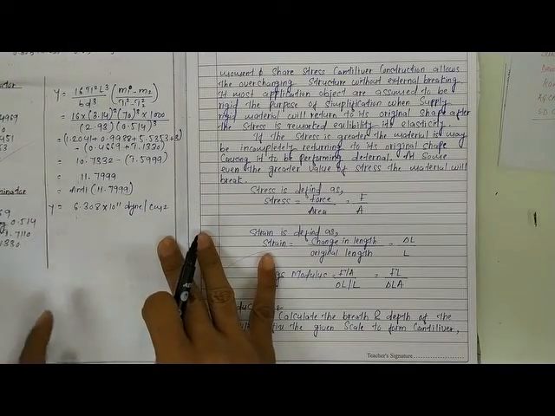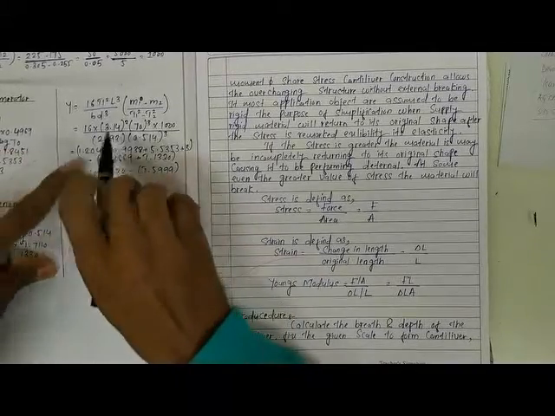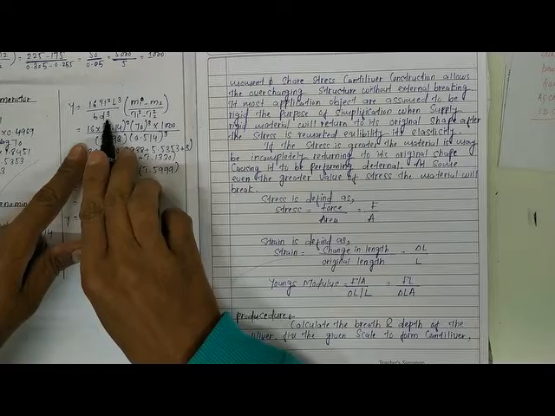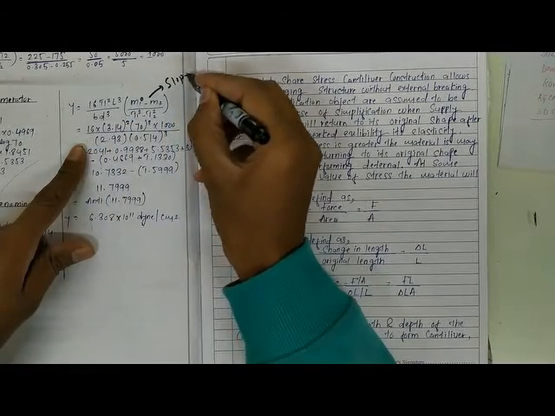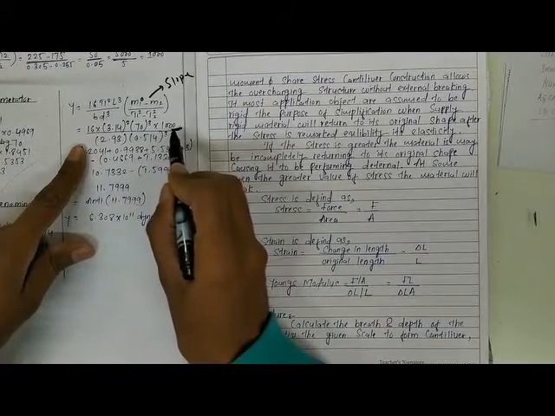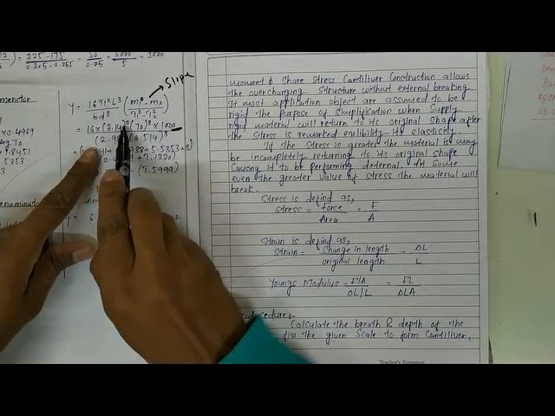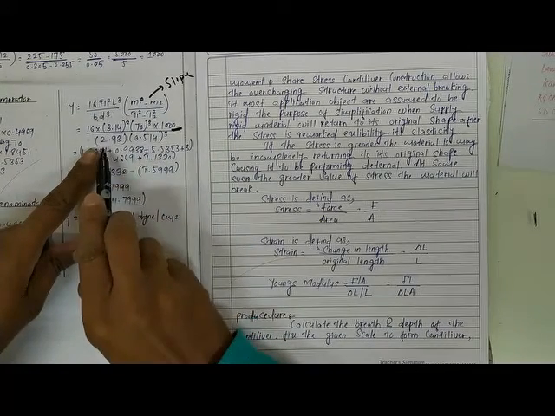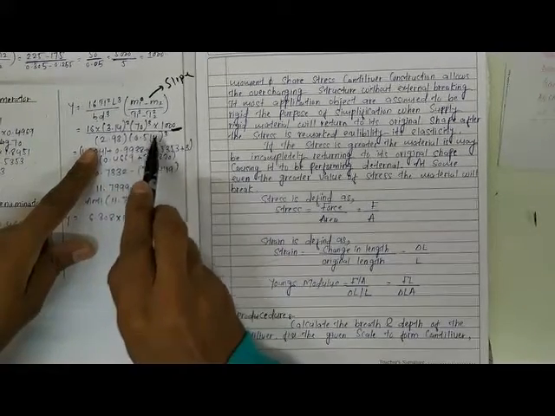Simply after substituting the values, here you can see 16 pi square L cube divided by B D cube, and this bracket is nothing but the slope 1000, directly we can substitute here. Yes, that's what I have done, 1000. Then 16 and pi 3.14 squared, L cube, that means 70 cube, and in the denominator the value of B is 2.93 centimeter, D is 0.514, and it's a cube.